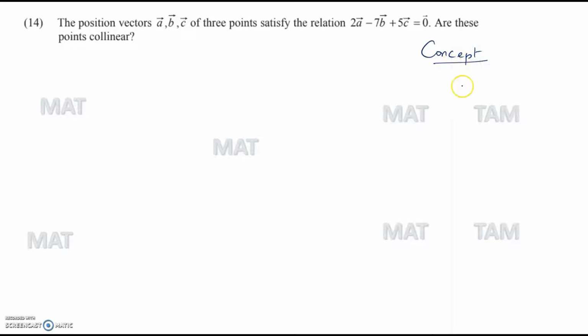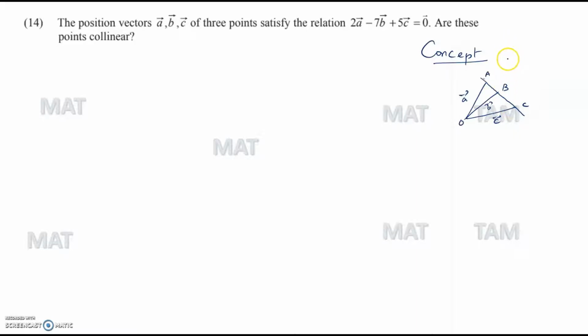The concept here is you're given 3 vectors from the position vector origin O. So vector a, vector b and vector c. These are 3 points A, B, C. Then we need to show that they are collinear, which is they are in the same straight line A, B and C. So how can we prove that?